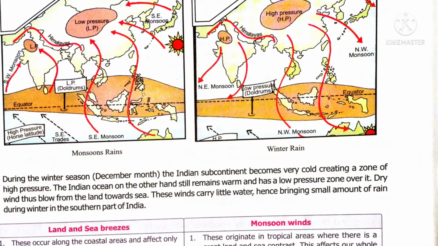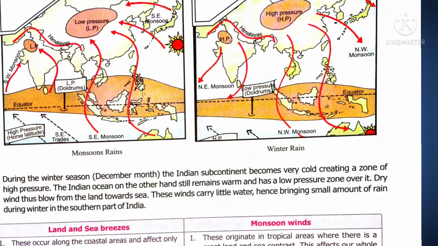Whereas the air over the water bodies creates a high pressure area because that air is cooler than the air over the land. So wind blows from the zone of high pressure to the zone of low pressure.